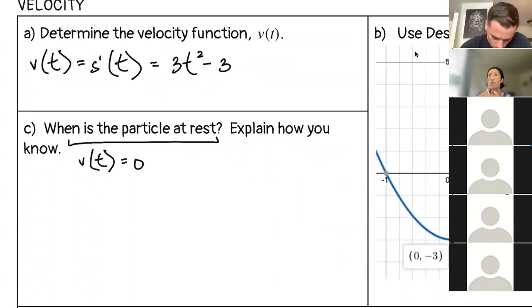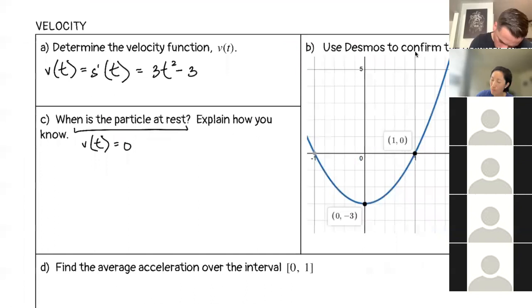There's no rate of change because it's just sitting there. And so from our graph, which point would we want to choose from the graph? Nice, nice. This is going to be the same as looking for an x-intercept on the velocity function.